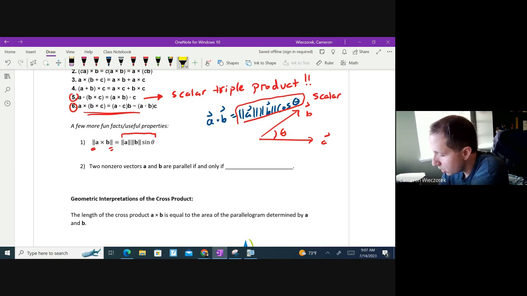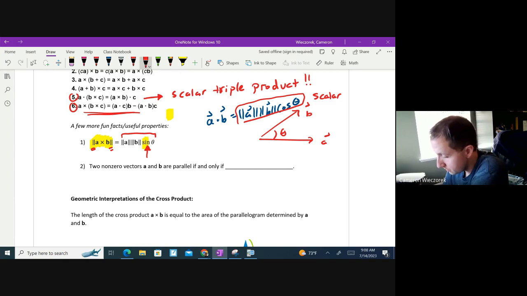So it's not that the cross product of the vectors is equal to magnitude A times magnitude B times sine theta, but the magnitude of the cross product, so the norm of the cross product, is equal to the magnitude of A times the magnitude of B, and now we're multiplying by the sine of theta, not the cosine of theta.